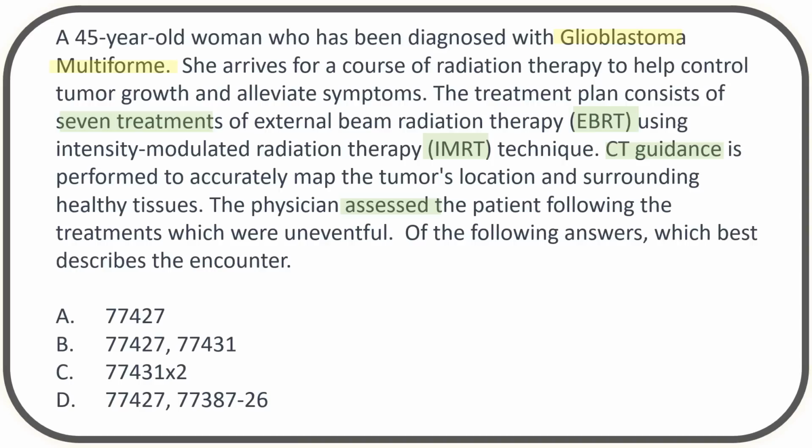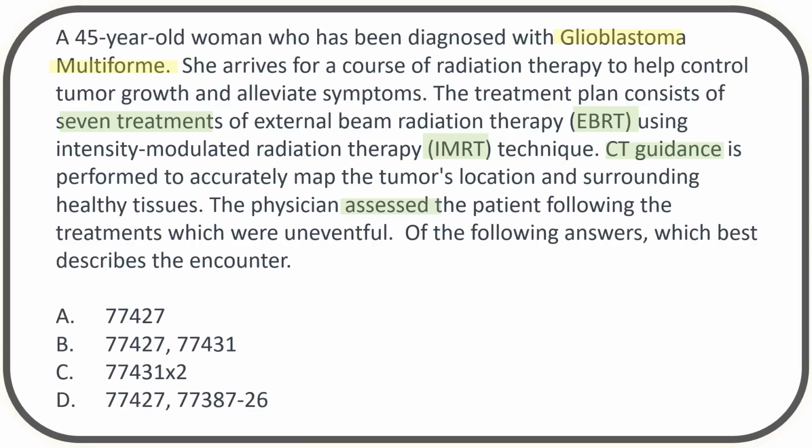A 25-year-old woman who has been diagnosed with glioblastoma multiforme. She arrives for a course of radiation therapy to help control tumor growth and alleviate symptoms. The treatment plan consists of 7 treatments of external beam radiation therapy using intensity modulated radiation therapy technique.